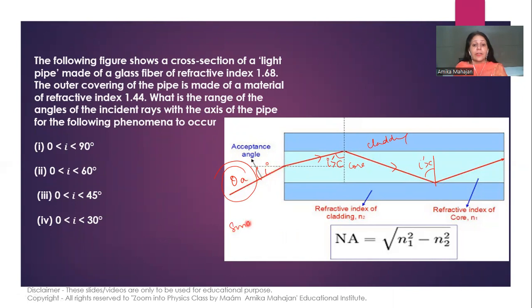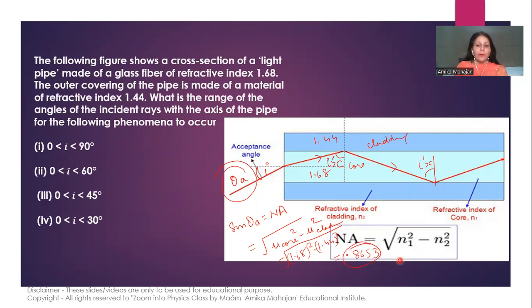So this sine of theta A is known as numerical aperture, and this is given by the square root of the square of refractive index of core minus the square of refractive index of cladding. This is given, 1.68, and this is 1.44. When I put the values 1.68 squared minus 1.44 squared and calculate this square root, this comes out to be 0.8653.